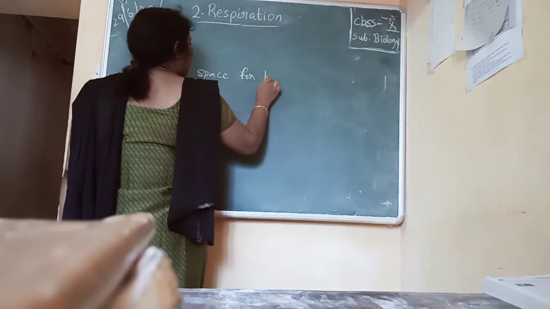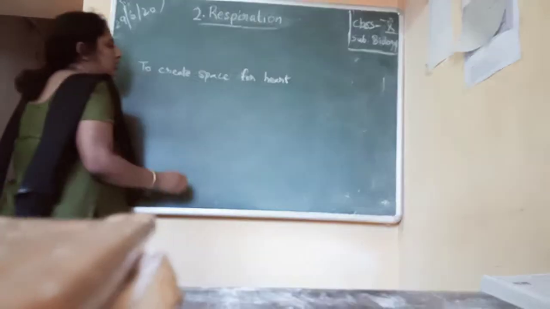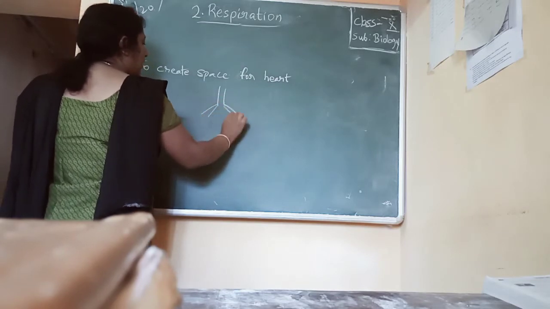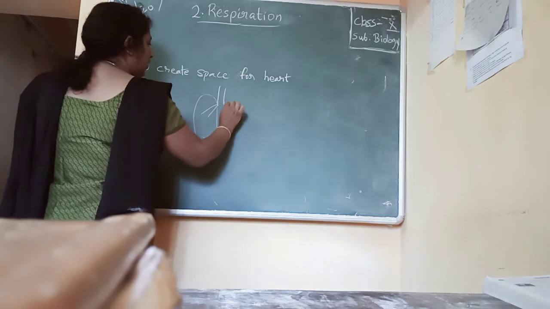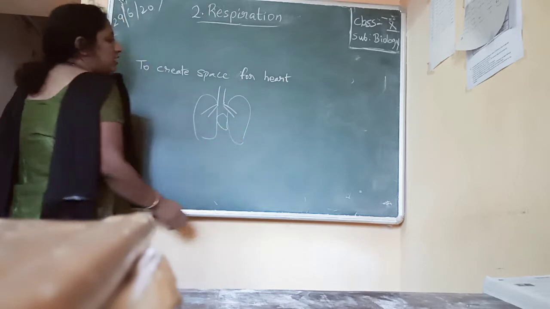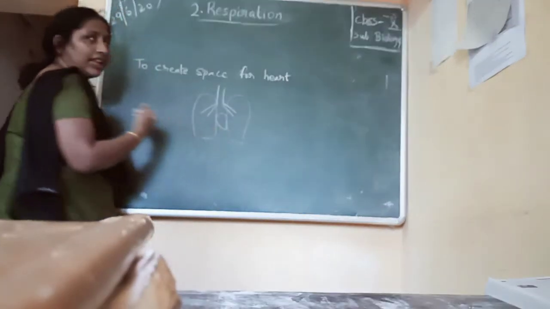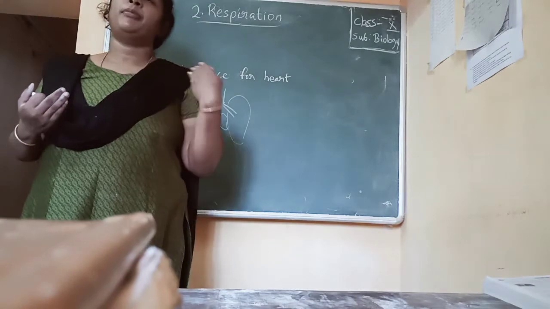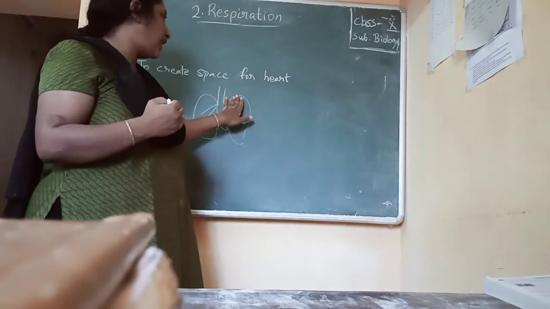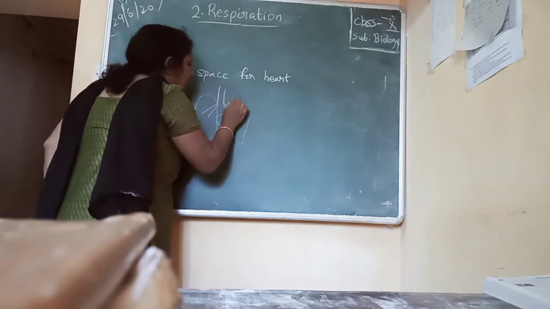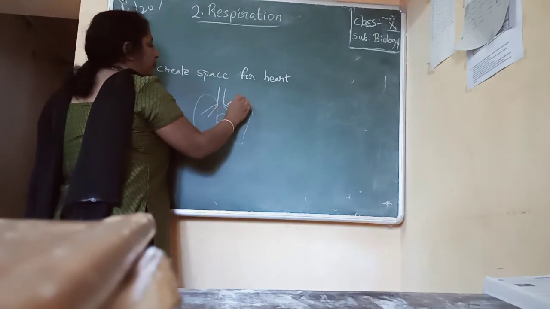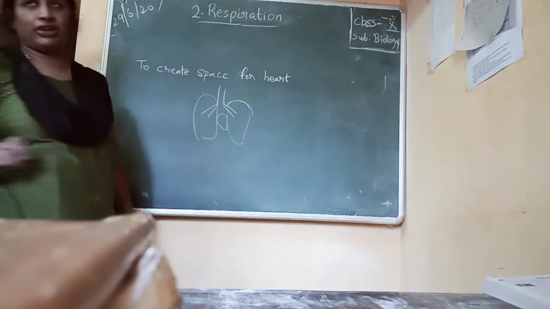What is that? The heart. In between the lungs we have our heart. The major portion of the heart is present towards the left side. So that's why the left lung is slightly smaller than the right lung, to create space for the heart.